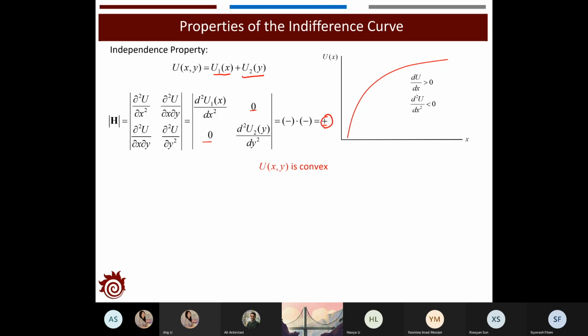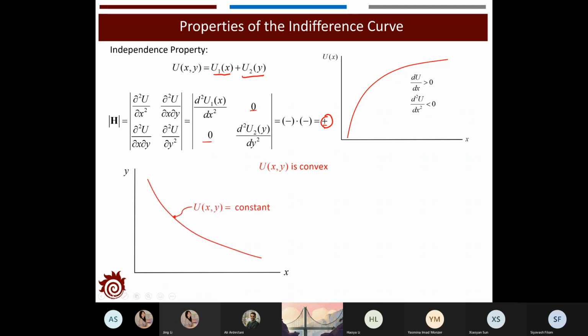Because the determinant of H is positive, you can then draw the general indifference curve in the xy domain.